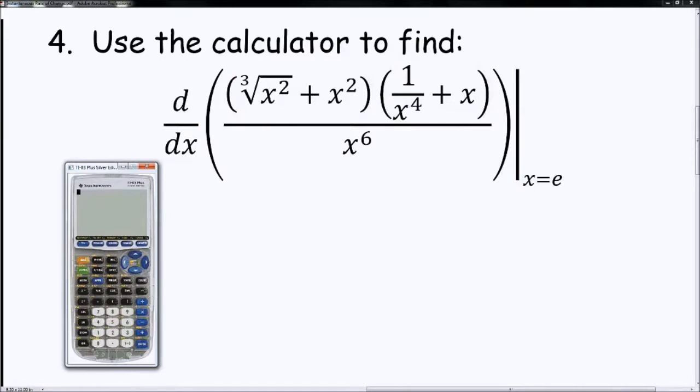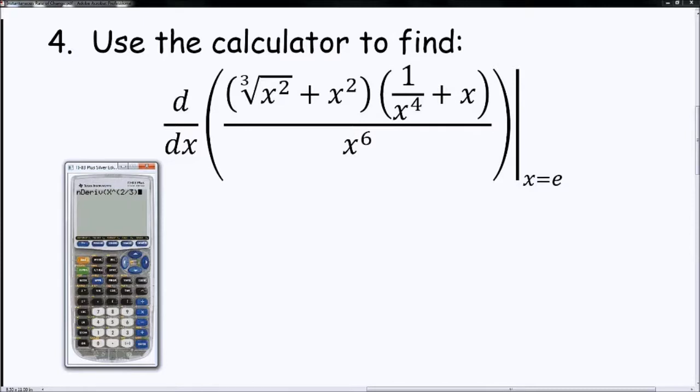All right, so let's go ahead and go back to math, and we're going to go down to, again, math 8. And if you just want to do math 8, enter, that's fine. That'll work. And so we want to get the nDeriv function, and I'm going to go ahead and do x to the 2/3.